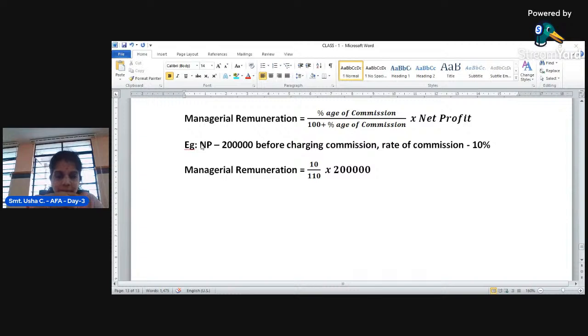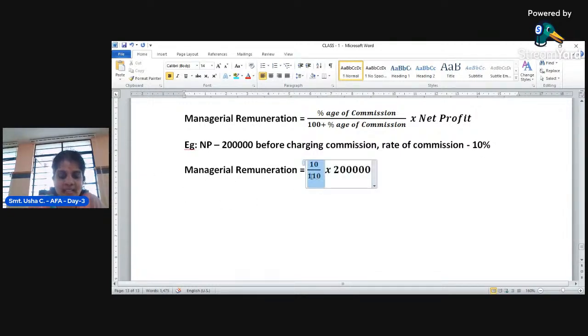Am I correct? This 2 lakh rupees of profit is added with 10% of commission, means this 2 lakh rupees is not 100% of profit, it is 110% of profit, because the 10% commission is not deducted. When the 10% commission is not deducted, then this 2 lakh rupees is 110%.